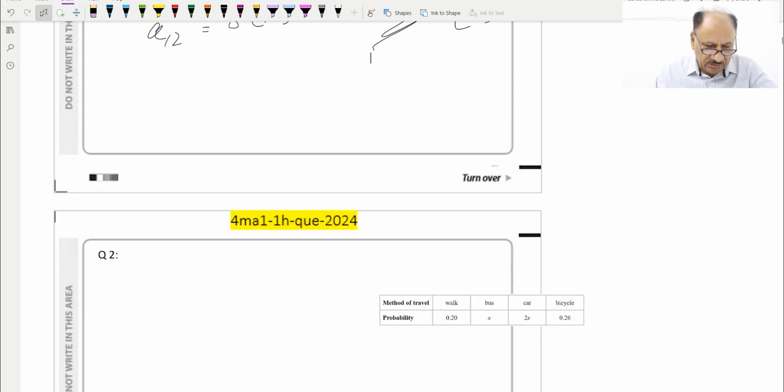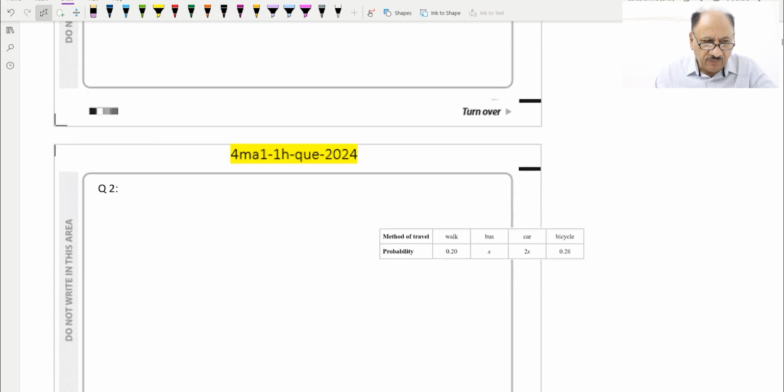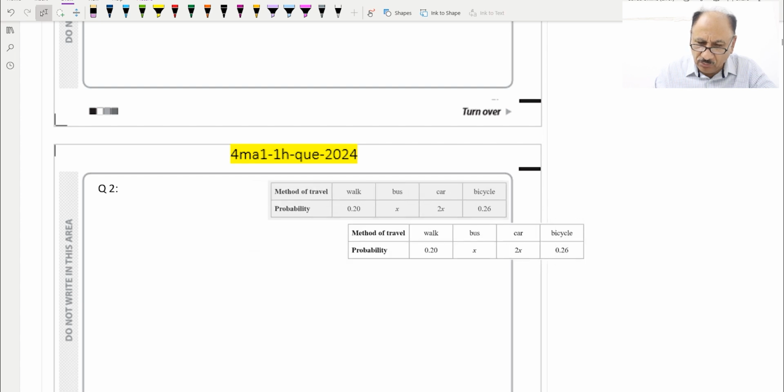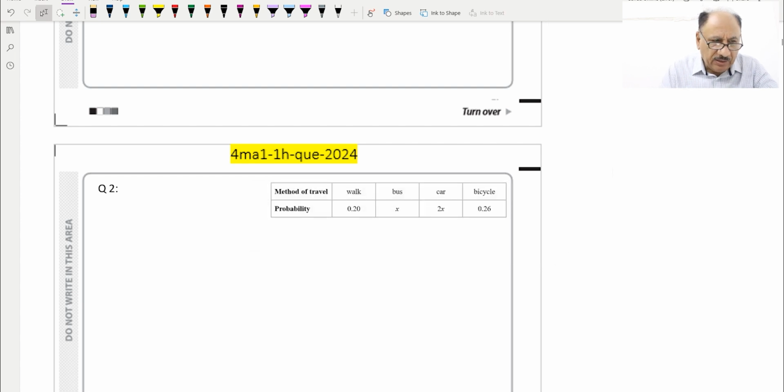Now we can go to the second question, and for it a table is given which I'll quickly go through. They're saying a total of 450 students were asked how they traveled to school on Monday.